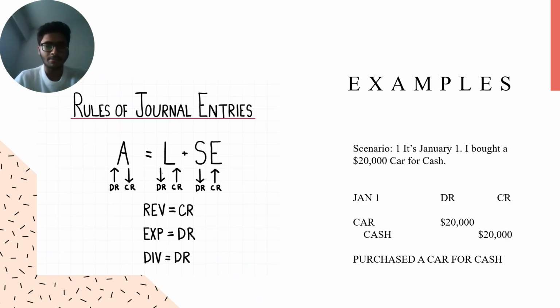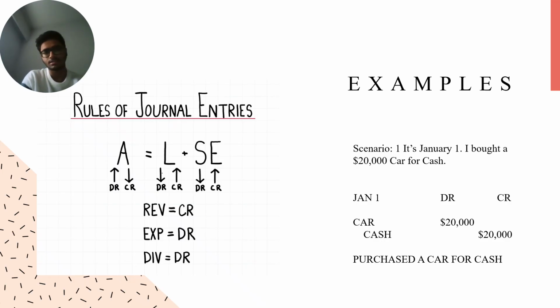It's the opposite for liabilities and shareholders' equity. When they decrease, we need to debit, and when they increase, we need to credit. We record our revenues on the credit side, and our expenses and dividends on the debit side.